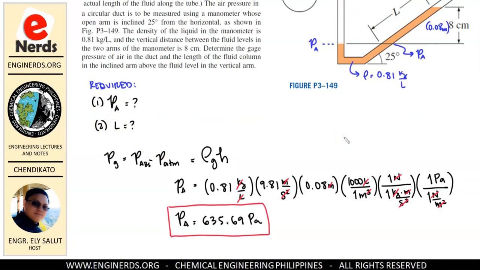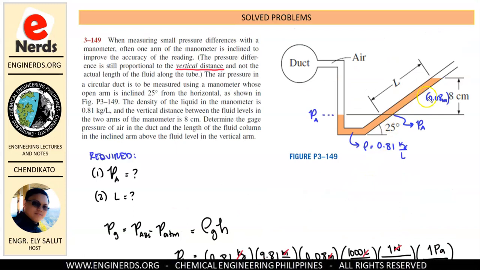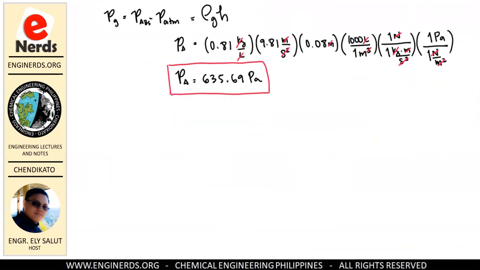Okay, so to get the value of L, it will just be a simple trigonometry. So, as you can see, we have a similar triangle here. Our angle is 25. And this length from here up to here is 8 centimeters. So therefore, our right triangle here will be like this.